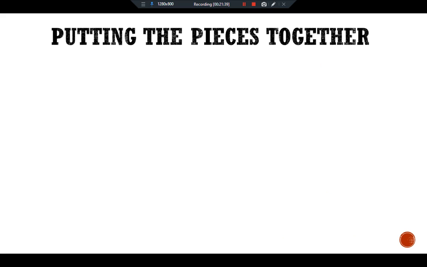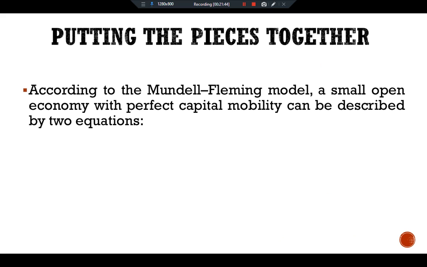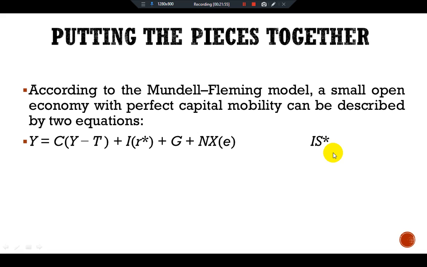Okay, putting the pieces together, according to the Mundell-Fleming model, a small open economy with perfect capital mobility can be described by two equations, IS static and LM static.